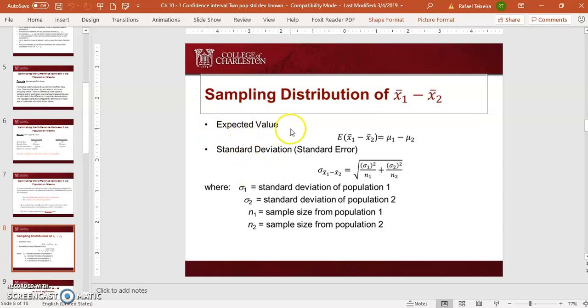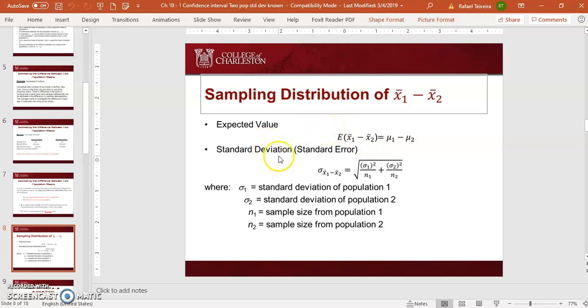The expected value for the difference between these two populations or these two samples is simply the difference between one mean and the other. Okay, that's very simple. You compute the mean for the first sample, you compute the mean for the second sample, you subtract one from another, and then you have an estimator for the difference.